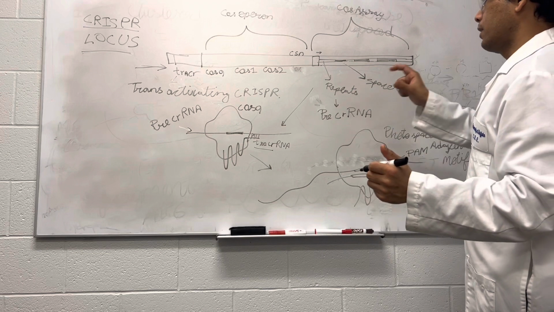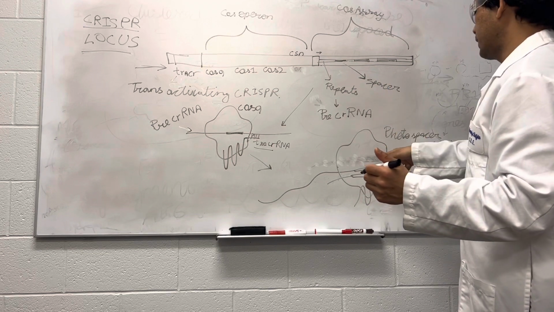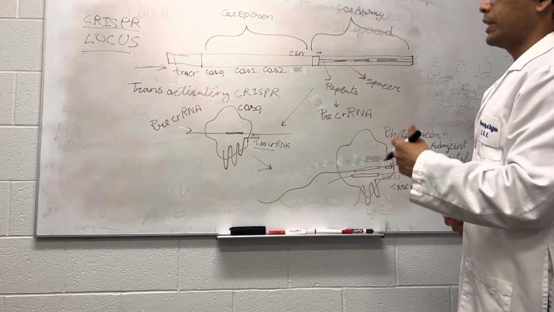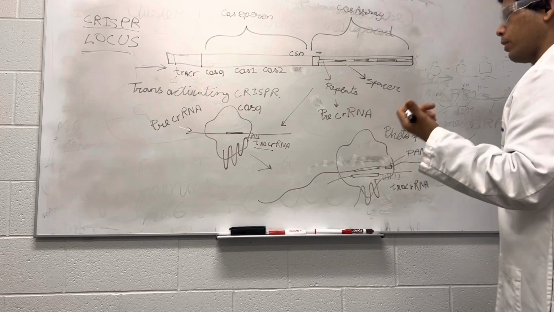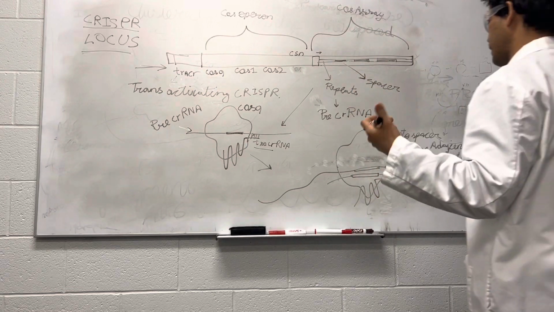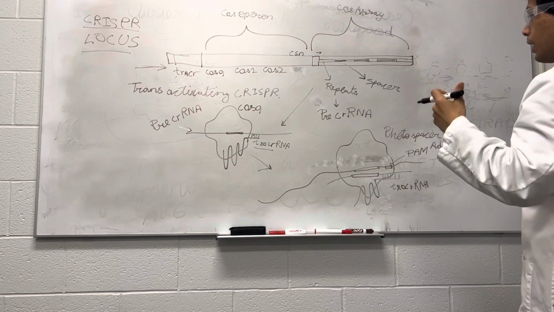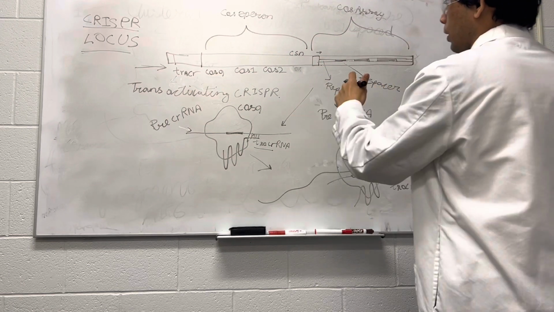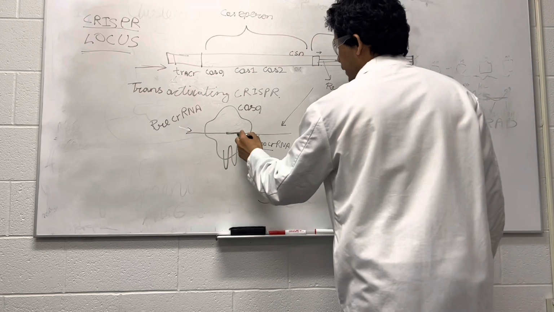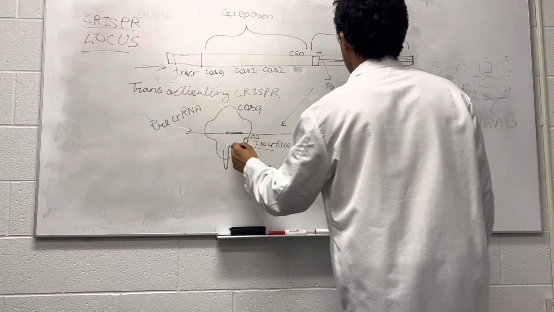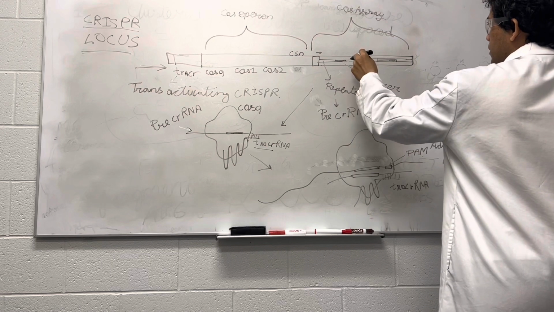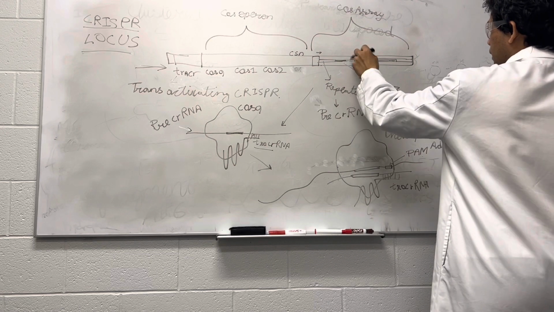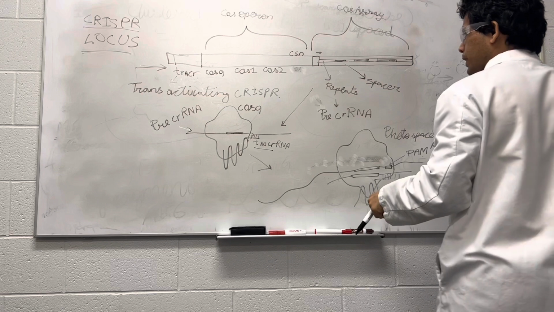Cas9 also has the components that chop off the foreign DNA, so that it will not be able to be transcribed or translated. However, there is one problem: this Cas9 system can also detect the cell's own DNA and cut it off.